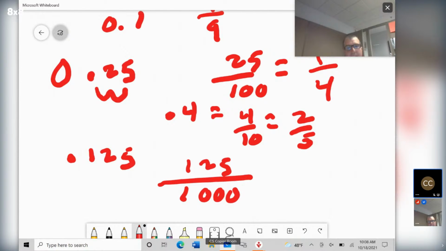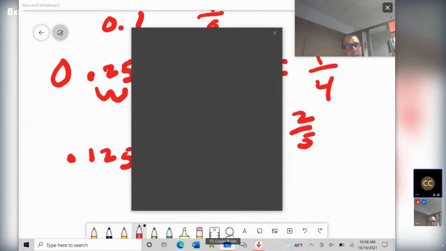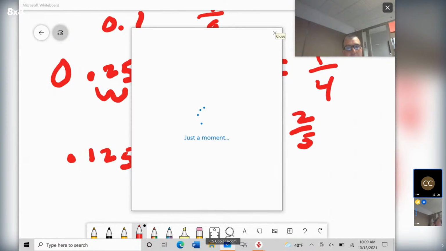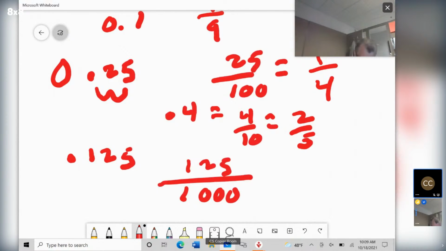And in this case, we realize 125, it goes into 1,000 8 times. But let's say we can't figure that out. But you're going to realize 25 goes into 125 5 times, and it goes into 1,000 20 times. But then I can realize I can reduce that one more time, and that would be 1/4.